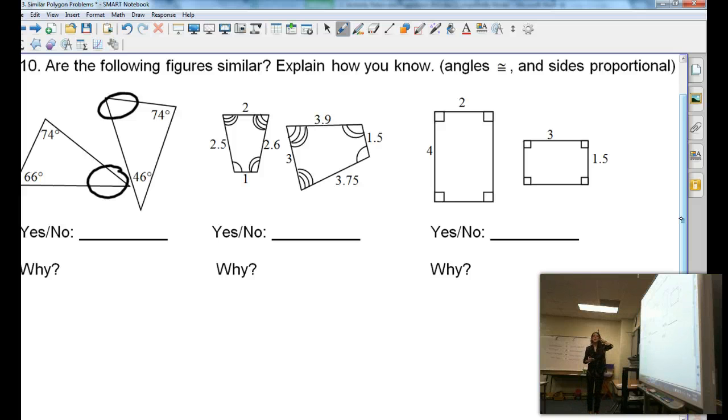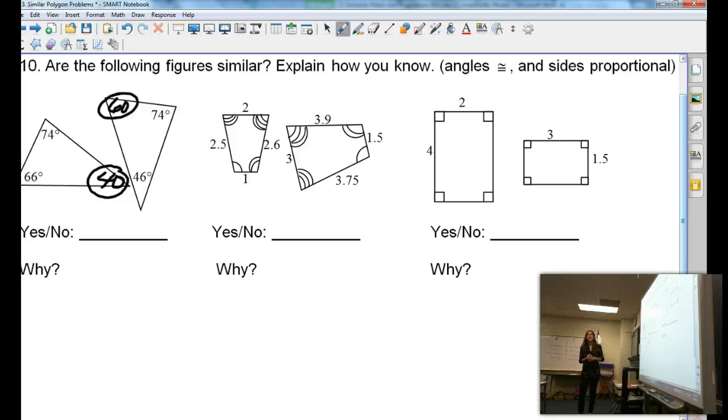Lewis M., what's the missing angle on the first one? Did you get either of them? 40. Okay. Megan, what's the missing angle on the second one? 60.